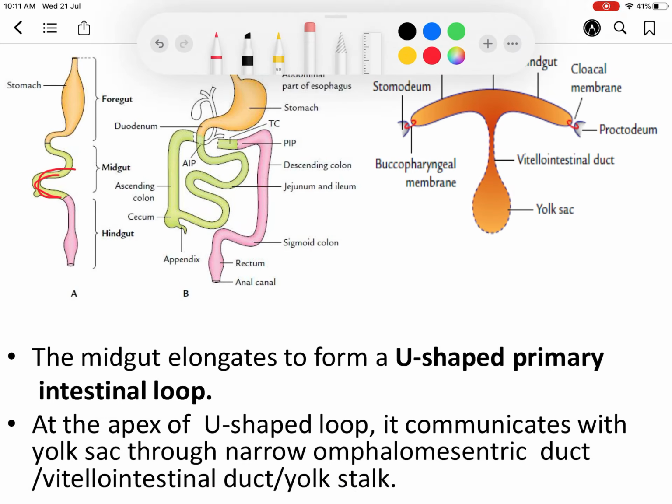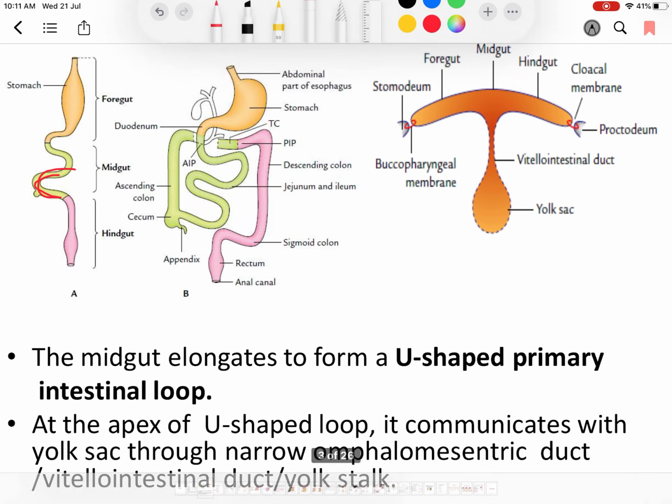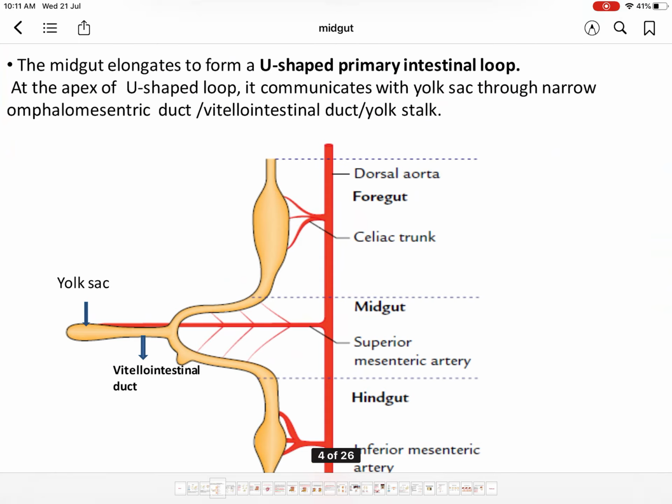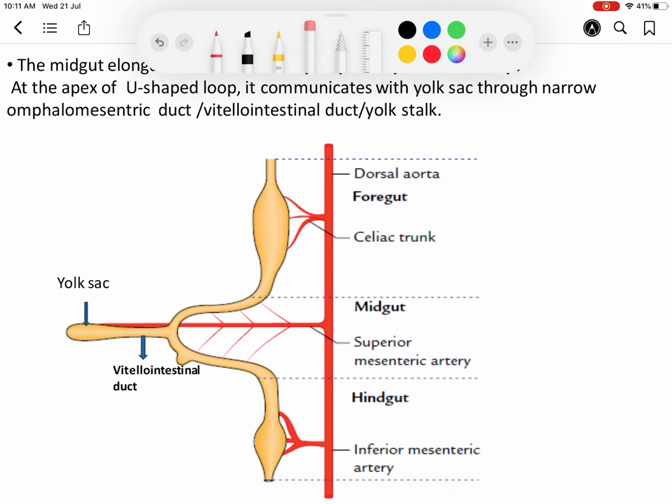Now, this loop of the midgut elongates and forms a U-shaped primary intestinal loop, and this primary intestinal loop is connected by a narrow stalk to the yolk sac, called the vitello-intestinal duct.